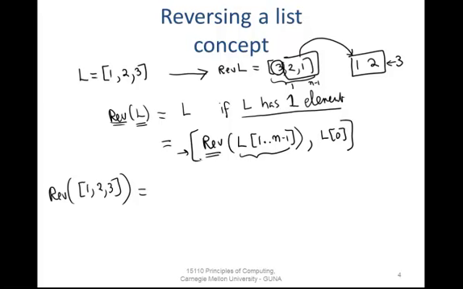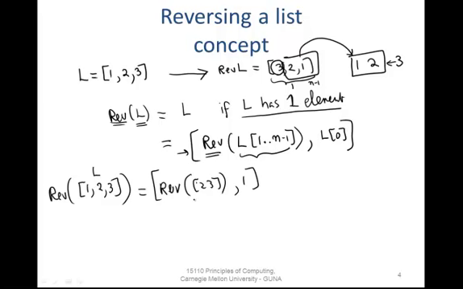So what this says is that the reverse of this list, which we call L, would be equal to a list that contains the reverse of the tail of the list, which would be 2 and 3, and then if you can append the first of that list to that, which is 1, you would find the answer to that question.